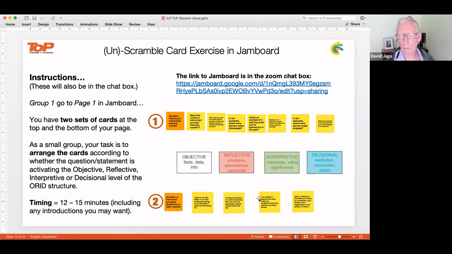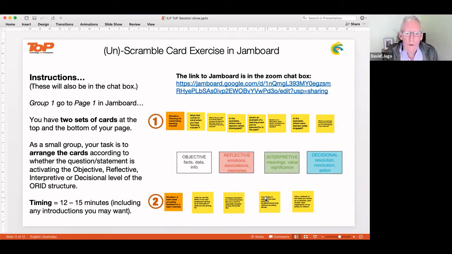The row along the bottom is a set of statements. So again, the same task to reorder those into the correct sequence of statements, based on the run through that Kevin gave you on the ORID.